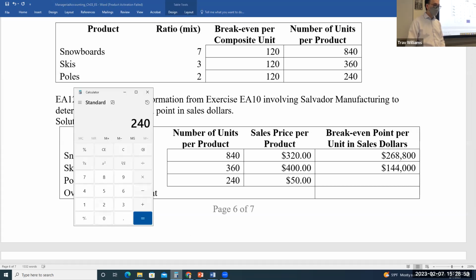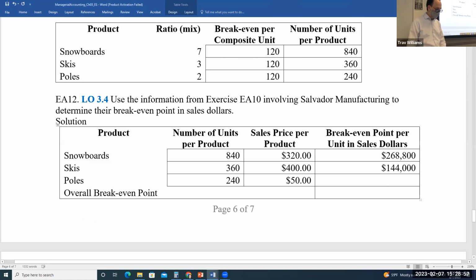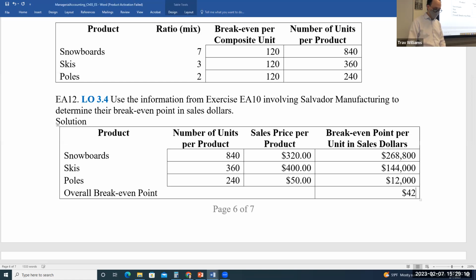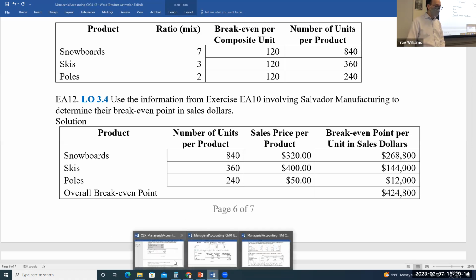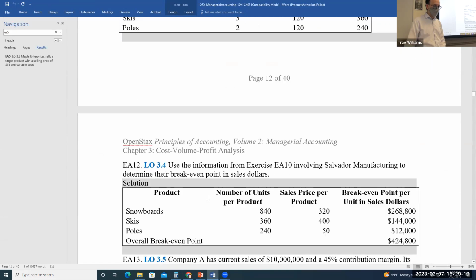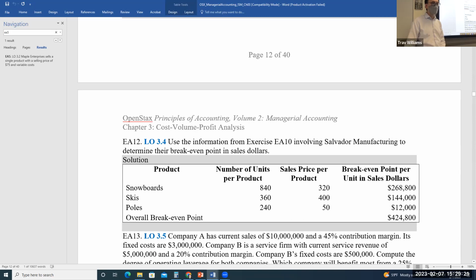And 240 pairs of poles at $50 each is 12,000. Then we can add that all up and see what is the total revenue we would need to earn to break even. So I got 424,800. And let's see if that's right. Okay, there we go.